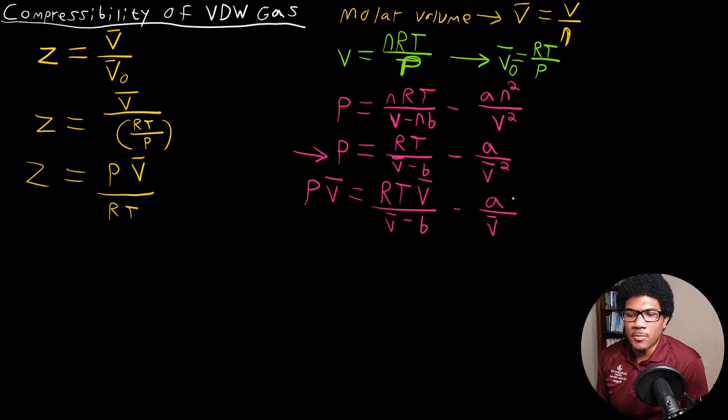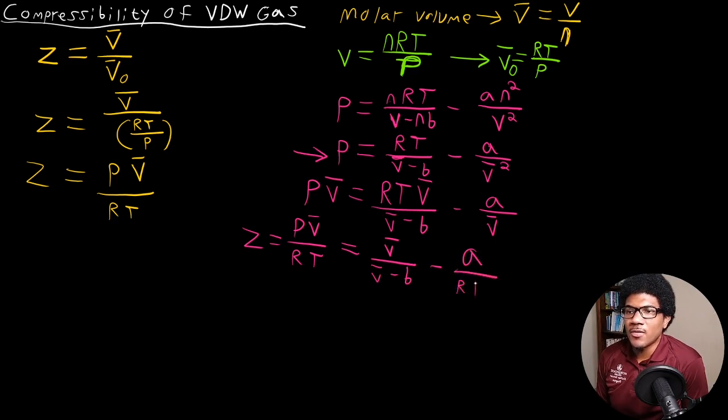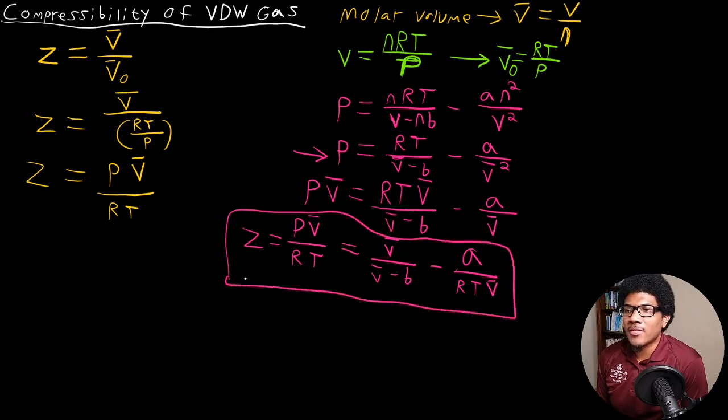One of those V bars cancels out when you multiply the whole expression by V bar. Now we just divide by RT, and that gives us our compression factor, PV bar over RT. That gives us V bar over V bar minus b, minus a over RT V bar. So this is the compression factor for a van der Waals gas.